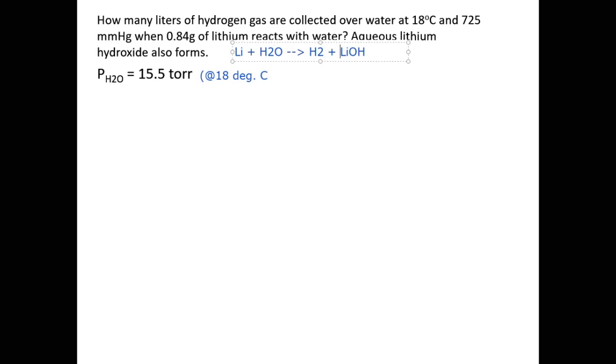We got to put a 2 here. That's 4 hydrogen and 2 oxygen. We put a 2 here, and we put a 2 here. So this should be a balanced chemical equation. So what we're looking for in this is the volume of H2.